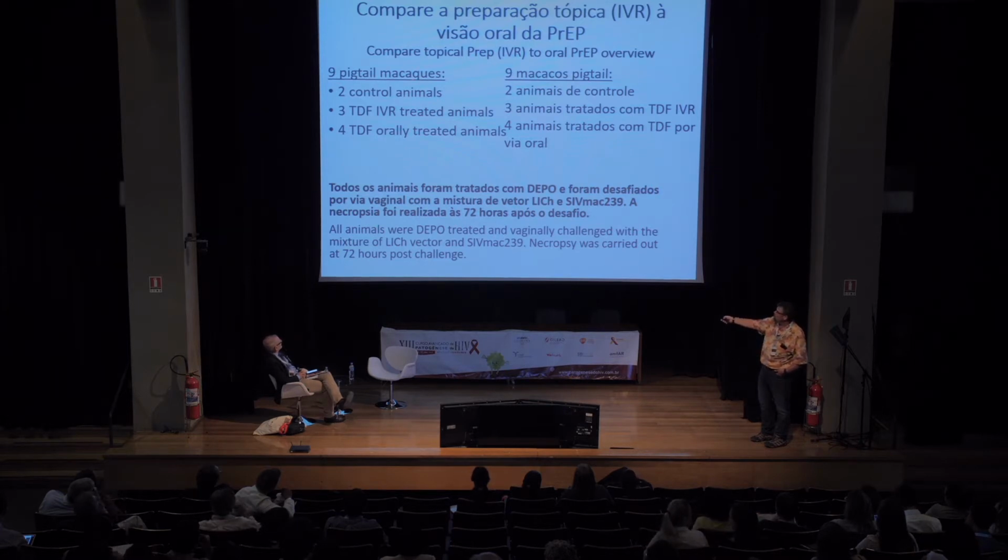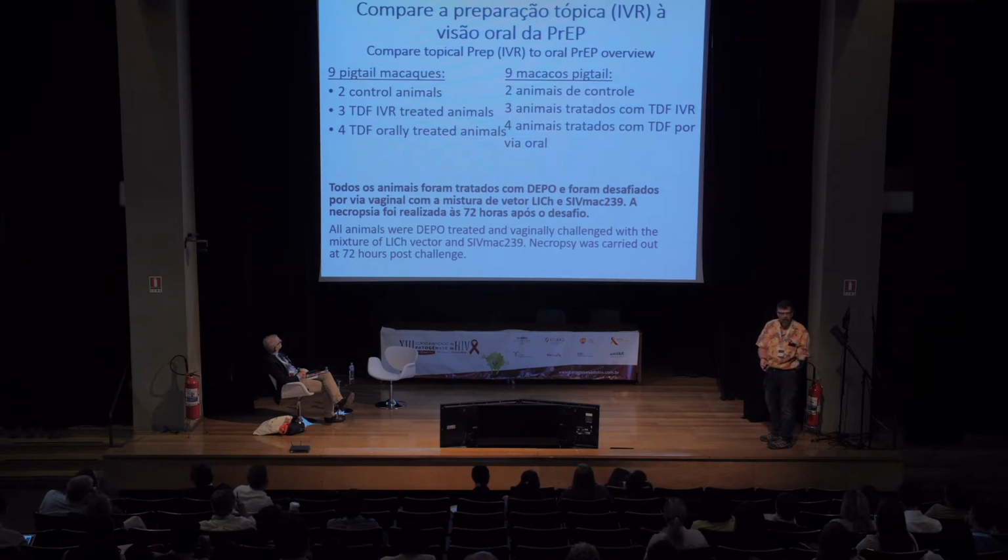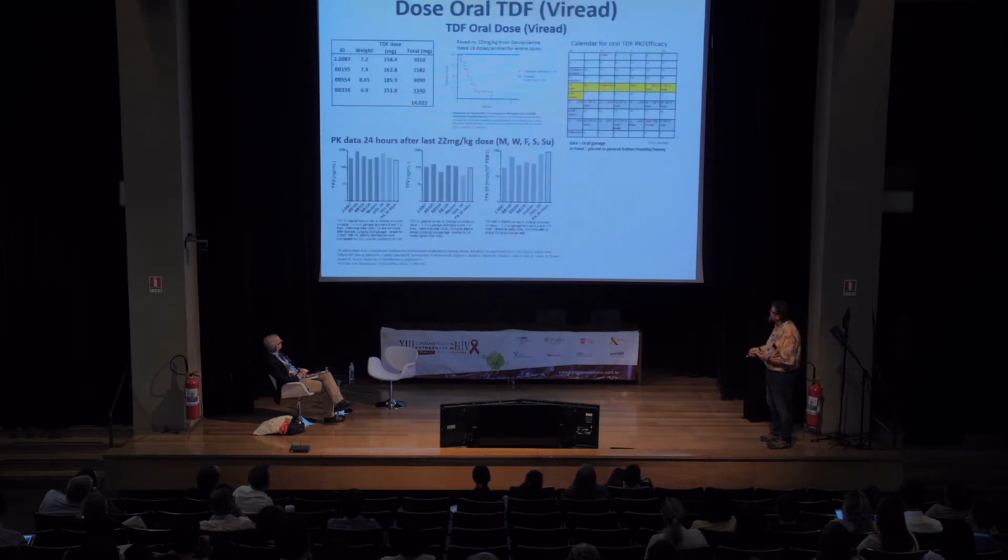So we're going to have 2 control animals, 3 that got the ring, and 3 that took oral TDF, and then we're going to look 72 hours after vaginal challenge to see what are the infected cells, where are the infected cells, and how does systemic PrEP differ from oral PrEP, or is there any difference?